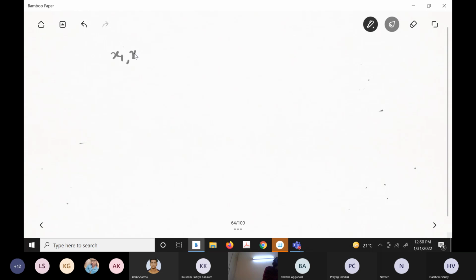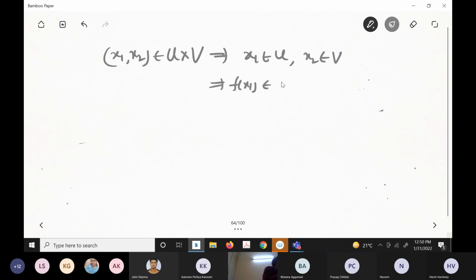Now look, (x1, x2) belongs to U cross V implies x1 belongs to U, x2 belongs to V, implies fx1 belongs to fU, fx2 belongs to fV. But f is open. This is open because f is an open map.